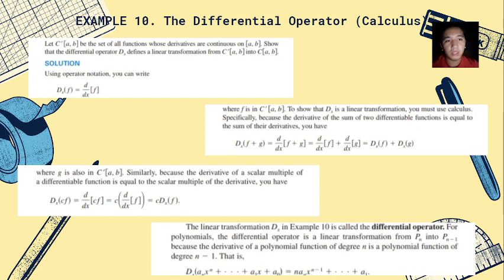For polynomials, the differential operator is a linear transformation from P_n into P_(n-1), because the derivative of a polynomial function of degree n is a polynomial function of degree n - 1. The next example describes a linear transformation from the vector space of polynomial functions P into the vector space of the real numbers R.